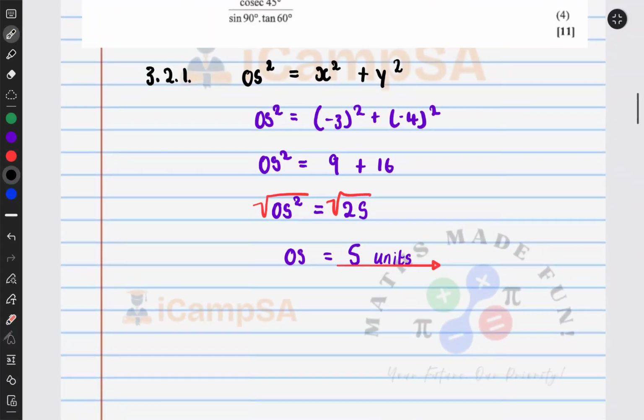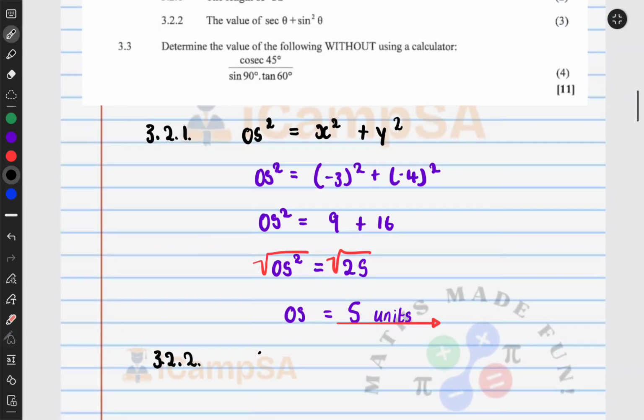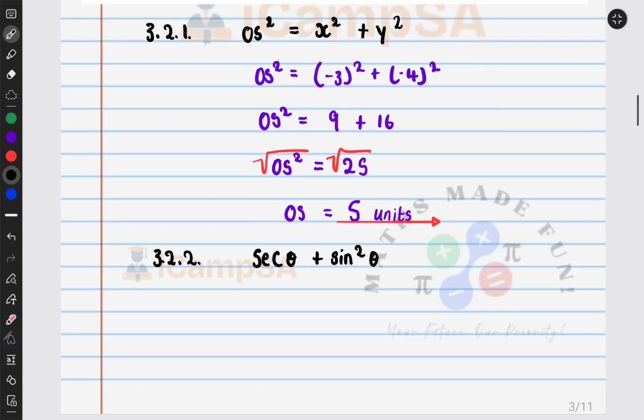So for 3.2.2 we have to calculate the value of sec theta plus sin squared theta. What is sec theta? Let's start by changing that reciprocal into 1 over cos theta, plus sin squared theta.